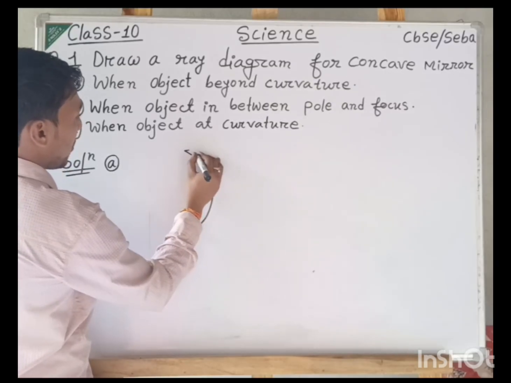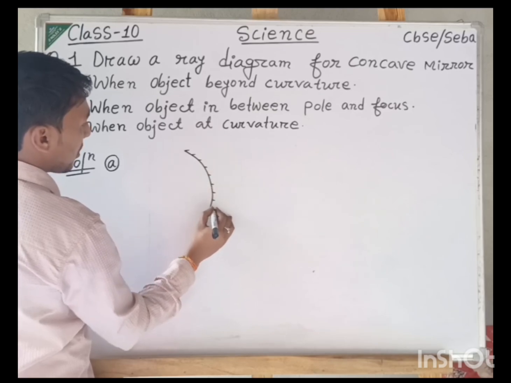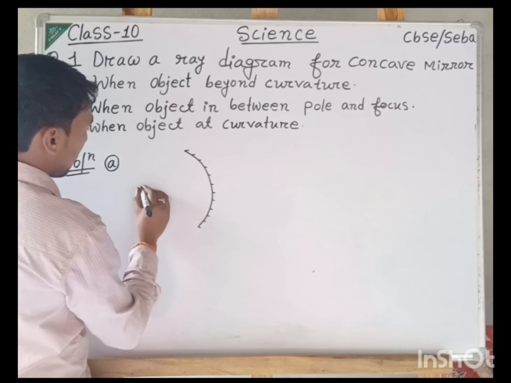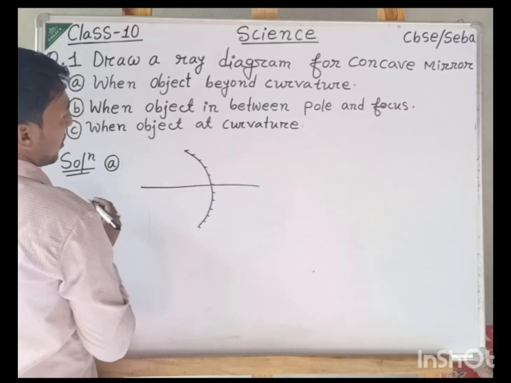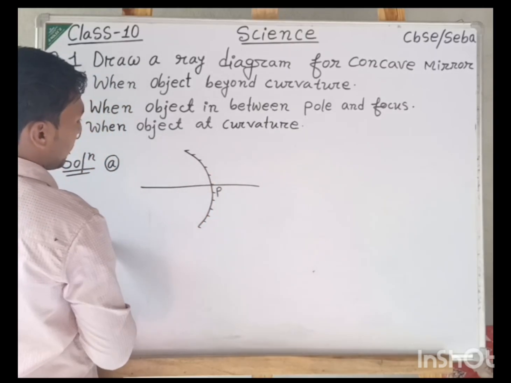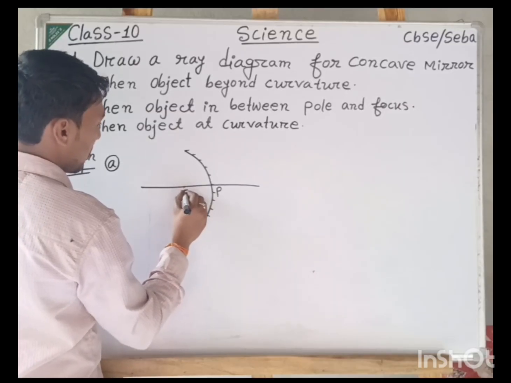Now this is a concave mirror and this is called the polished part. This is the principal axis and this point is called the pole. This point is called the focus.